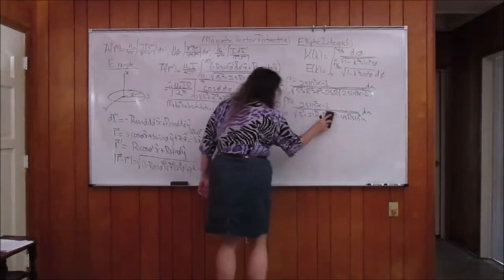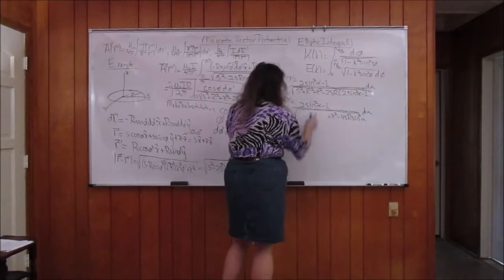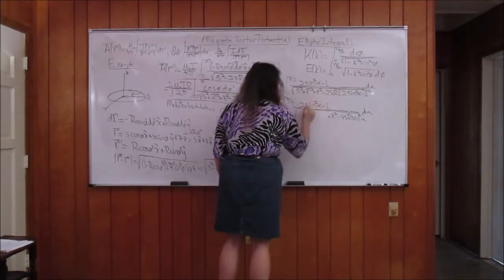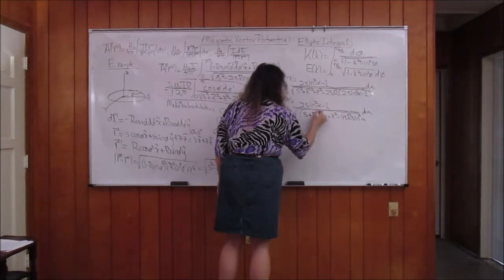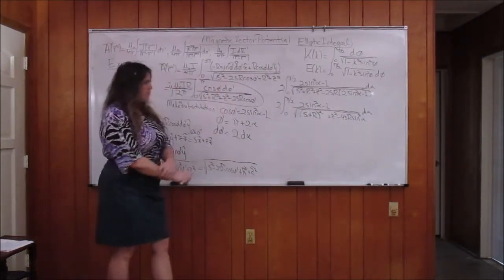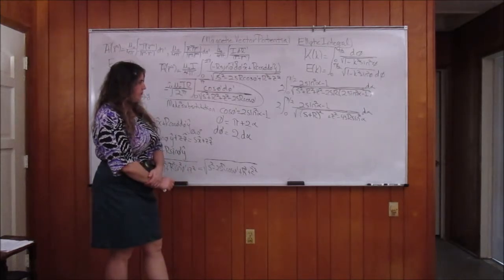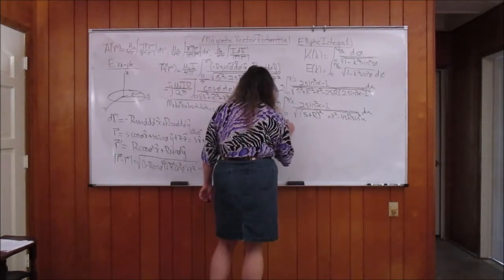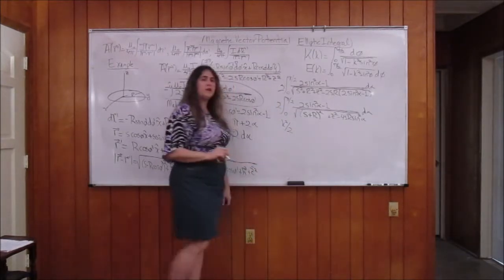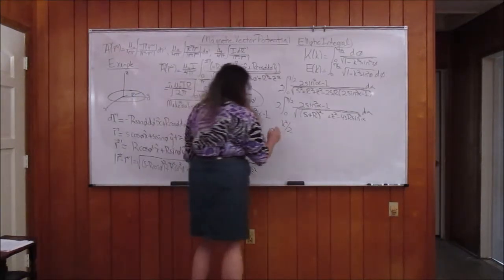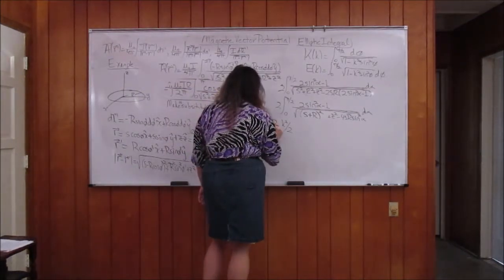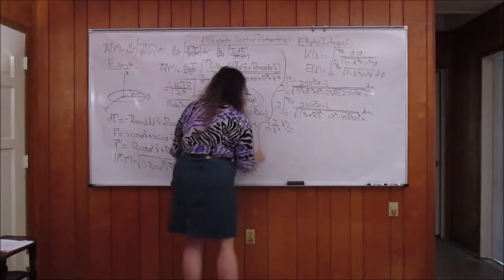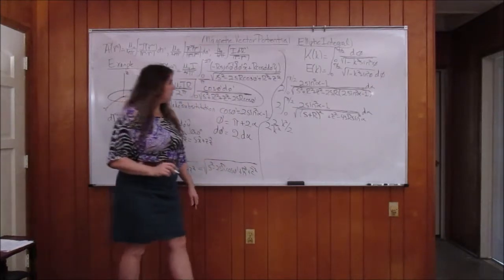Since I'm running out of room, I'm just going to erase this here and replace these first 3 terms by s plus r squared. Okay? Now I have to make another assumption. I'm going to multiply the integral by k squared over 2. And if I do that, I have to also multiply it by 2 over k squared. And I'll leave this 2 out front here so I don't lose track of it.